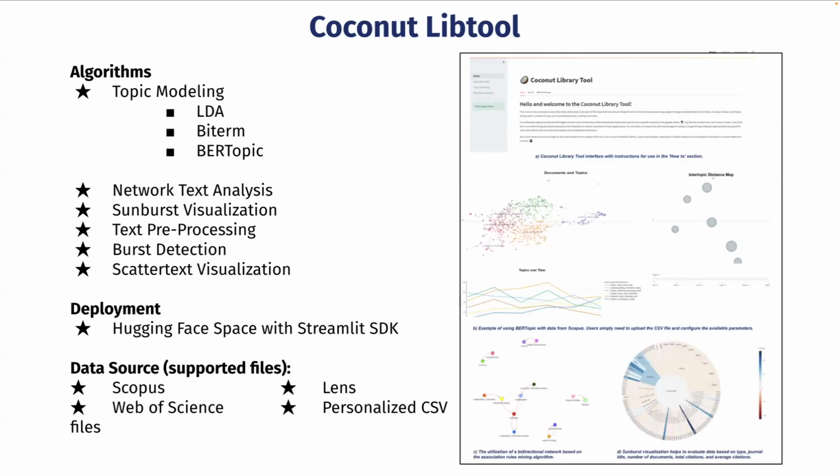You can do topic modeling using different algorithms like latent Dirichlet allocation, BTM, or BERTopic, which I just showed earlier. You can also visualize your data using text network analysis, Sunburst, or Scattertext. You can also do burst detection and text preprocessing.